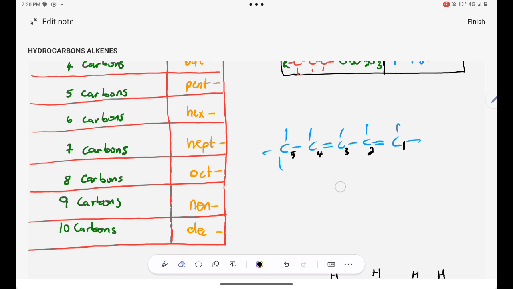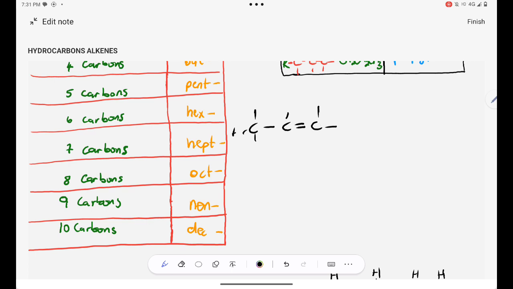alkene over there. And then sometimes, guys, you are given condensed structures. Let us move from a structural formula to a condensed structure. If I were to write the condensed structure for this, this would be CH3, CH, and then CH2 together.